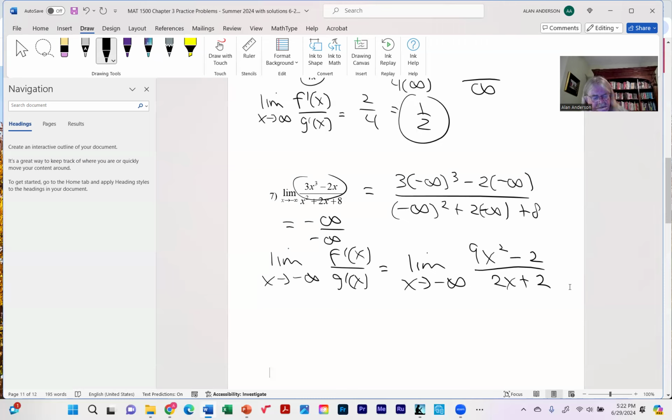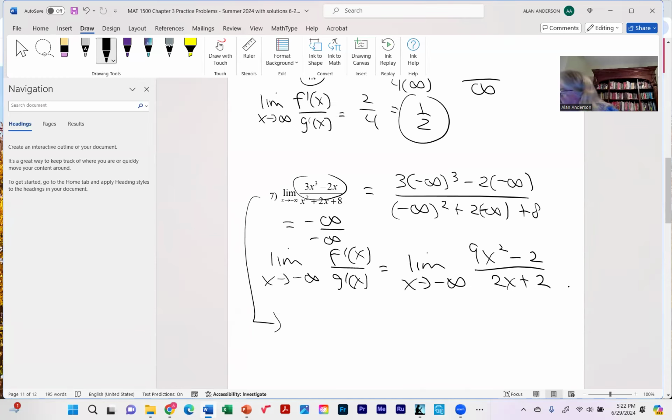Let's see. Oh, okay. Well, this is okay. So you know what we can do here? There's another rule which we briefly mentioned once before. And you can see it didn't work out with the L'Hopital's rule. So another option we have is to go through the entire ratio, find the highest order of x, and divide all the terms by that.